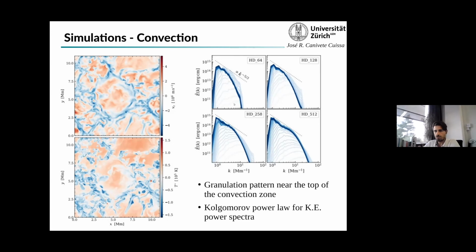The evolution is given by the shades of blue. Light blue means the early times in the simulation, and dark blue means towards the end of the simulation. And you can see that towards the end of the simulation, we recover this nice energy cascade, which follows a Kolmogorov power law, which shows you once again the turbulent nature of the convection zone.